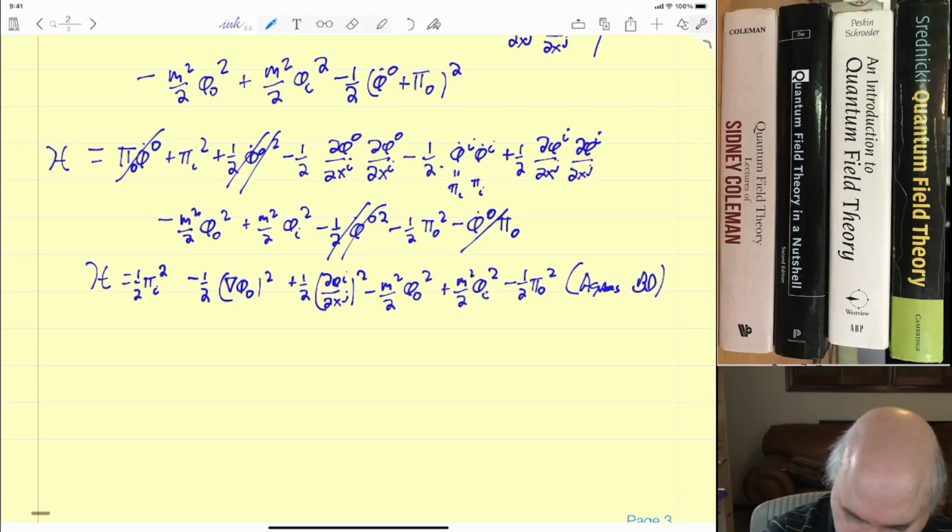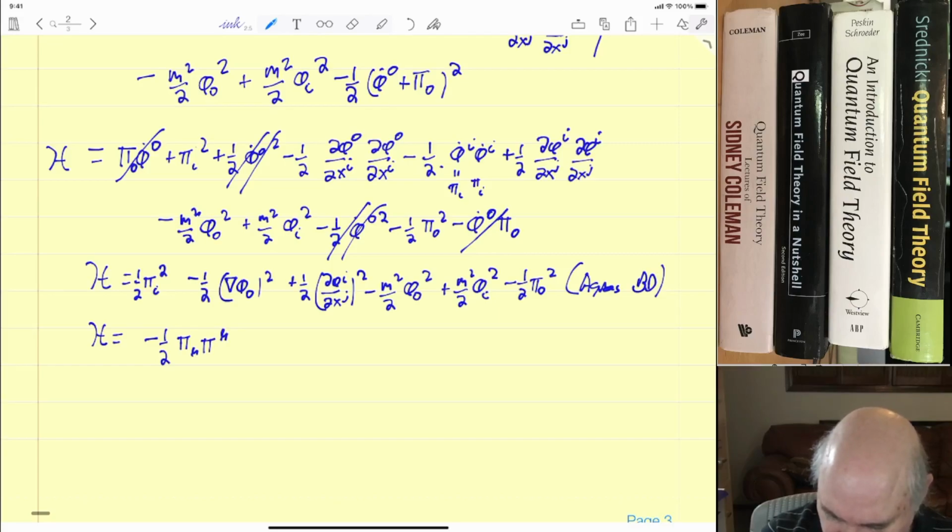And then we can write this in covariant notation. H is equal to minus 1/2 pi mu, because when mu equals 0, we'll get minus 1/2 pi 0 squared. And when mu equals I, there's going to be a negative sign, so we're going to get 1/2 pi I squared. That's good. And then I have minus 1/2. This is a 4-dimensional gradient.